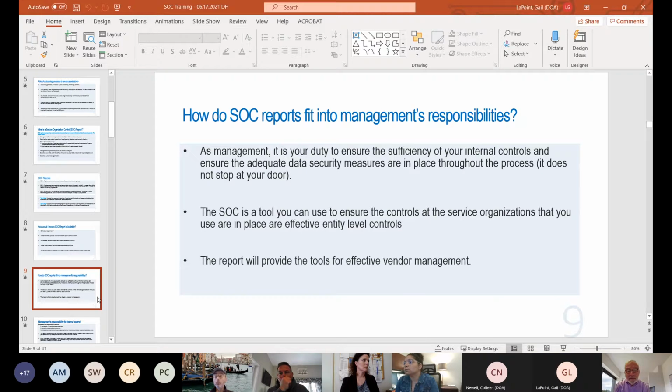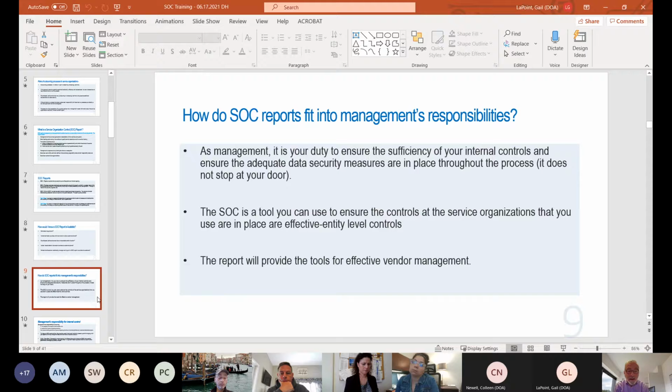So really, this is under the concept that management has the responsibility to ensure they have adequate internal controls in place. And that doesn't matter whether they're controls that you have within your own organization or operation, or whether they're controls that are performed by a service organization. This is the way that you can effectively use this information to ensure that you have good controls in place and they're operating effectively over the entire continuum of a particular operation.